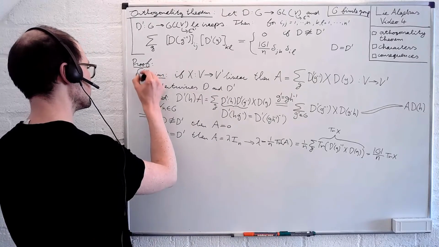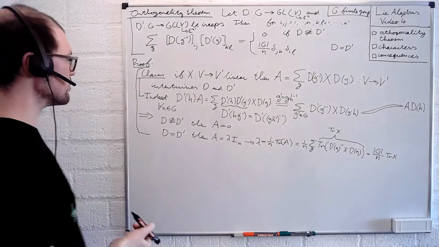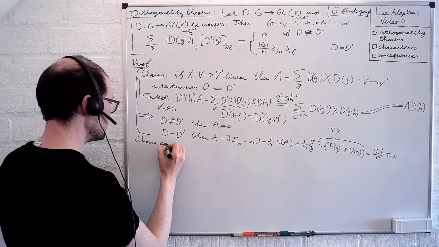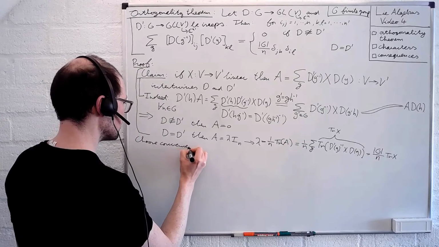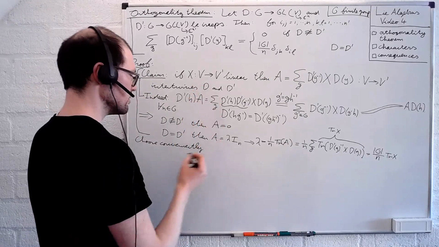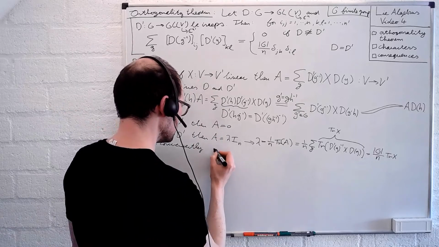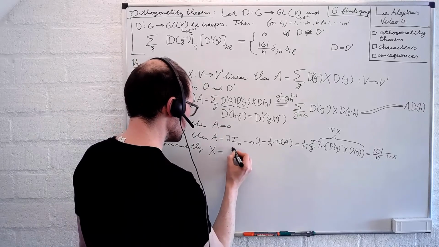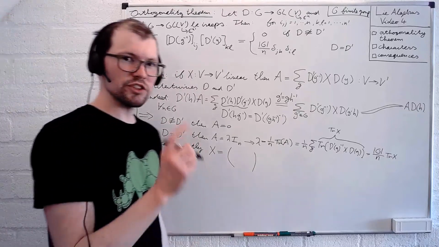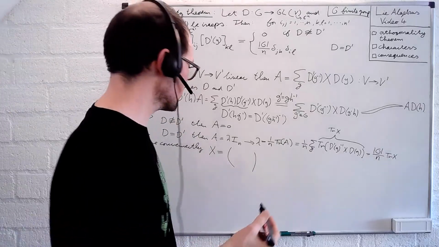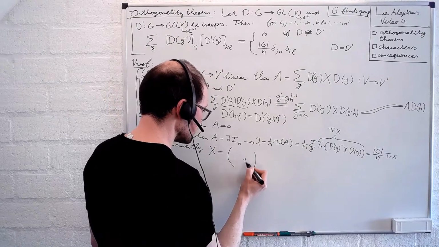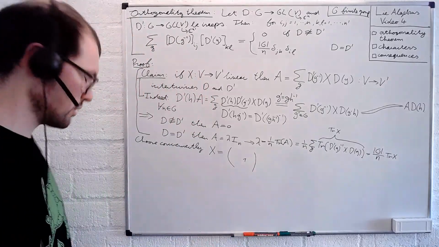Okay, so this was an intermezzo. So choose, conveniently, X to be the following mapping. So X is going to be this matrix with just a single non-zero entry. So everything is going to be equal to 0 except somewhere here where I put a 1.